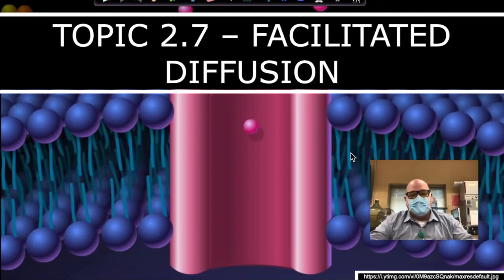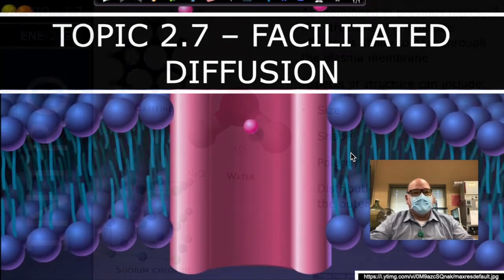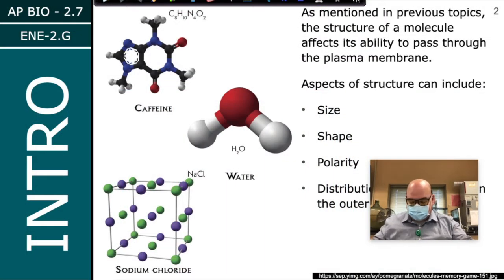Okay? So facilitated diffusion is a special kind of diffusion that is facilitated by membrane proteins. Okay? So we should have this down by now. We've talked about over the last couple weeks how the shape of a molecule, the polarity of the molecule affects its ability to pass through the plasma membrane.